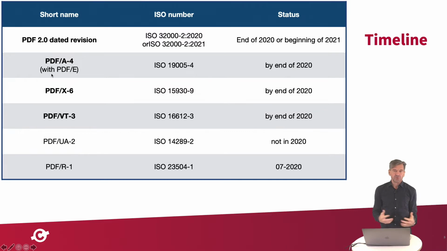After that, or not after that, most likely within this year, we will see publications of PDF A-4, which will include pdfE for engineering, PDF X-6, and PDF VT3. So these three subsets, standard parts in the terms of ISO, are most likely to be published more or less every day.